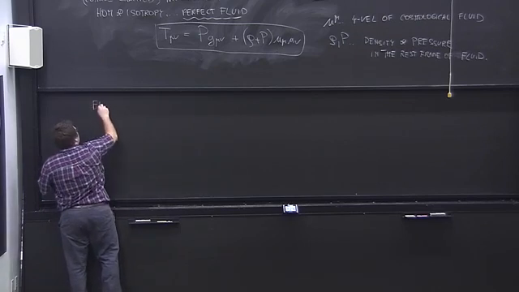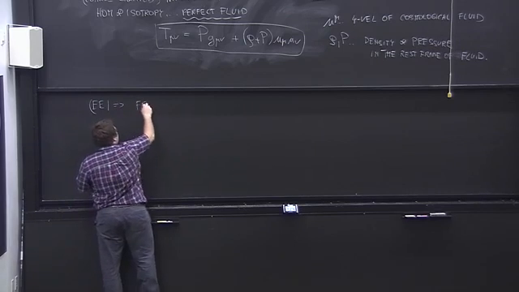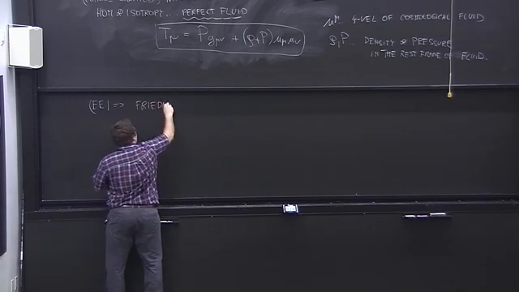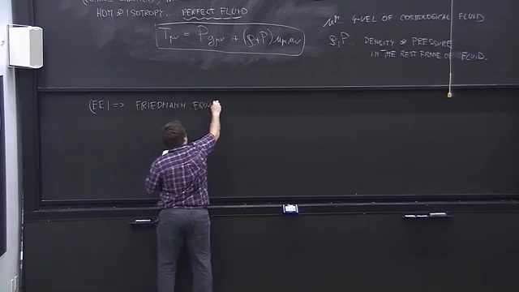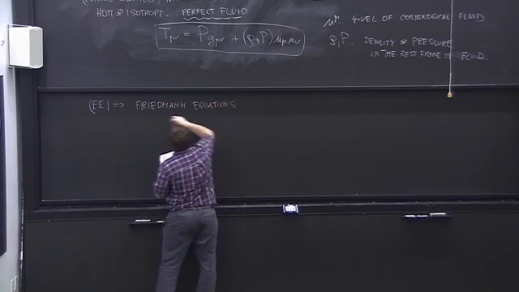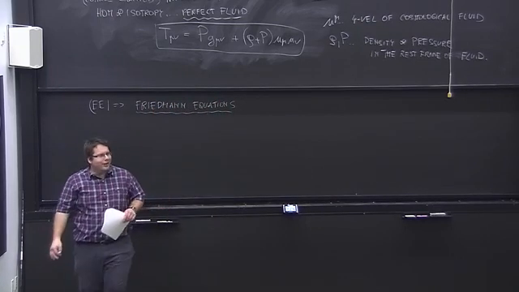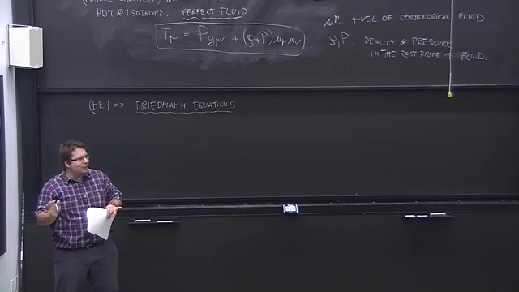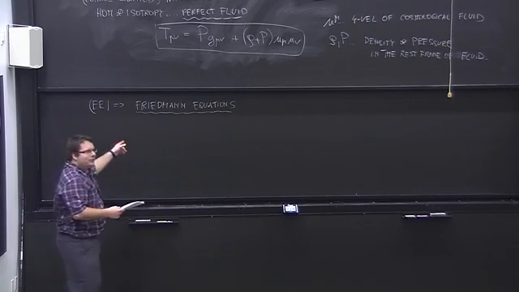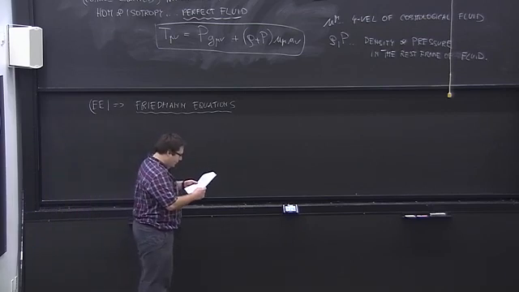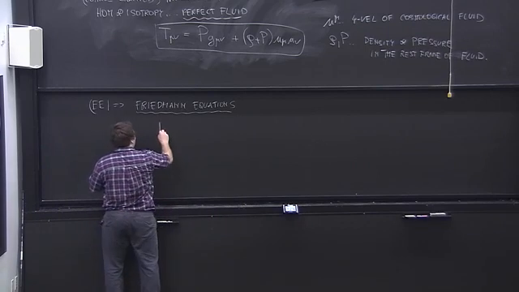So Einstein equations then imply Friedmann equations, which you derived in, did you? Almost, right? You just calculated R mu nu for the Friedmann-Robertson-Walker space-time, but not the Friedmann equations.